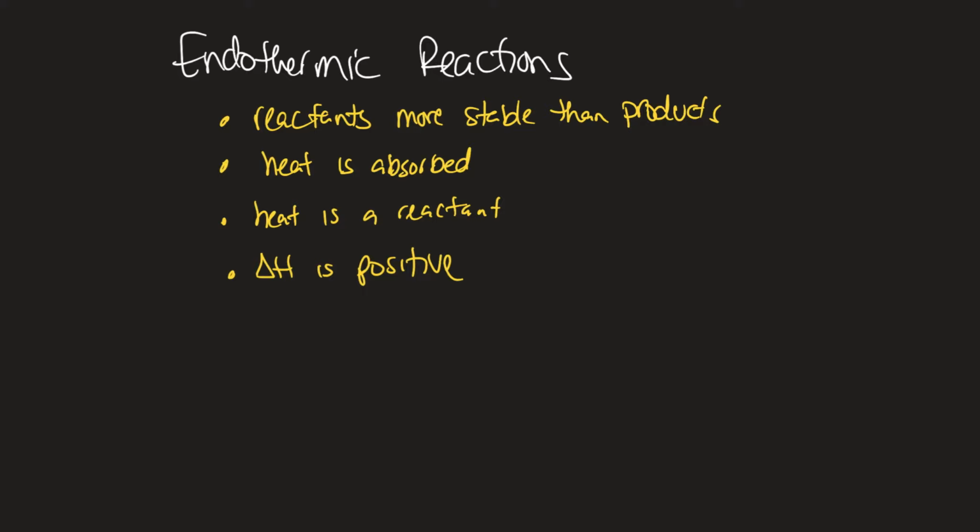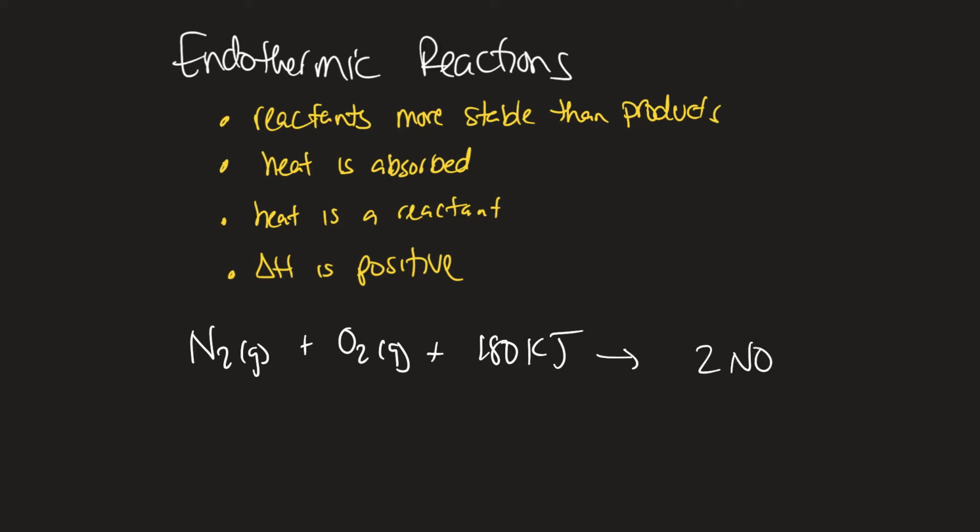Let's look at an example, where N2 gas reacts with O2 gas. This reaction requires 180 kilojoules of energy to give you 2NO gas.